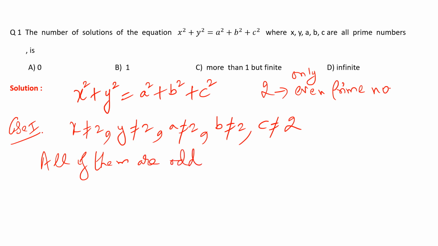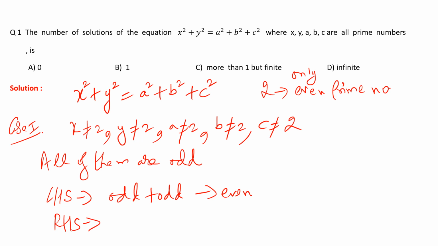I am discussing this first case. Now if x is odd, y is odd, a is odd, b is odd, c is odd, then on the left hand side we are going to get odd plus odd. Now odd plus odd is obviously what? It is even. And on the right hand side, what I'm going to get? I'm going to get odd plus odd plus odd, 3 times. Now this is even plus odd, so that means this is odd.